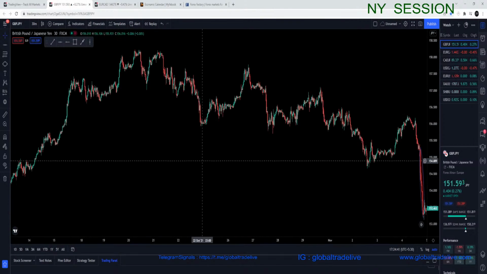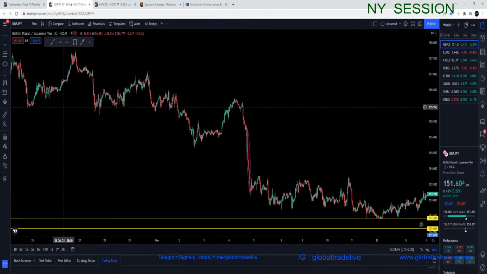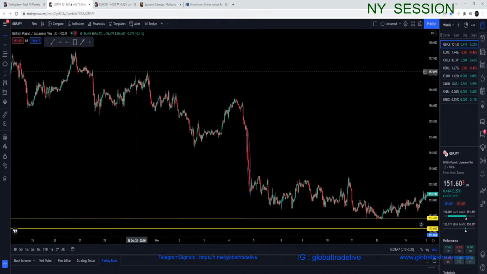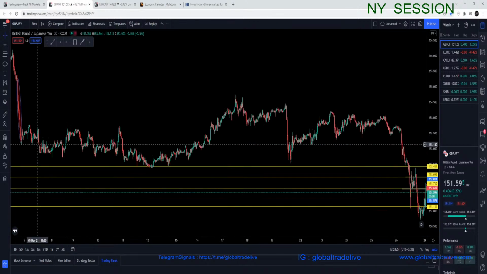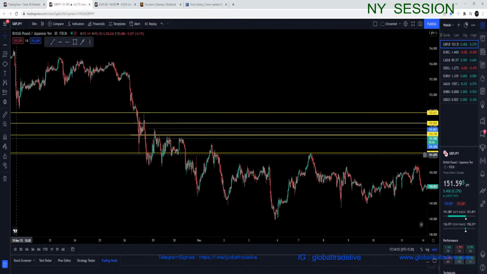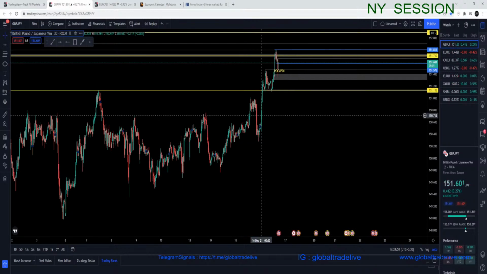And after that, what were the numbers? In this case, the trend was bearish, so it moved down. Let's just check. In this case, the trend is bullish, so the probability of moving up is more.